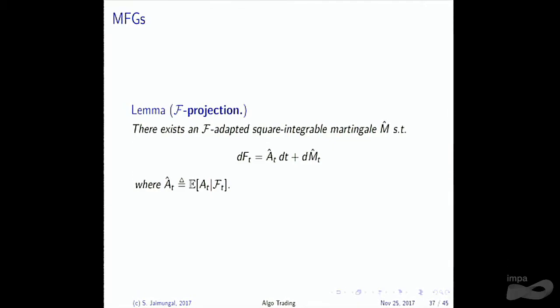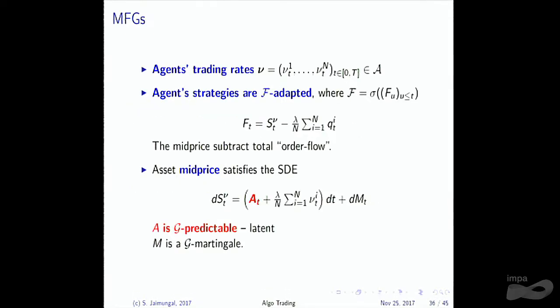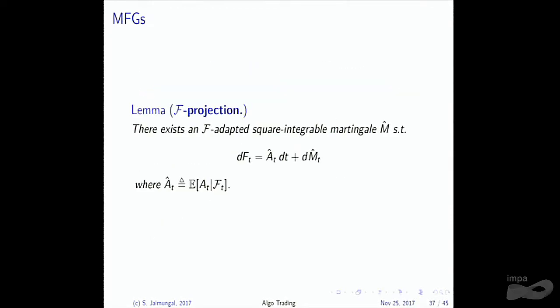So that the F dynamics can be written in terms of an F predictable manner, as opposed to here, where it's written in terms of a G predictable manner. A is our filtered drift. It's the analog of exactly all that machine learning machinery that we had before. So hiding behind this expectation is all of that HMM and estimation and so on.